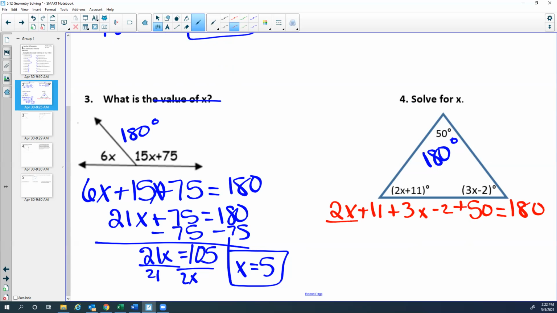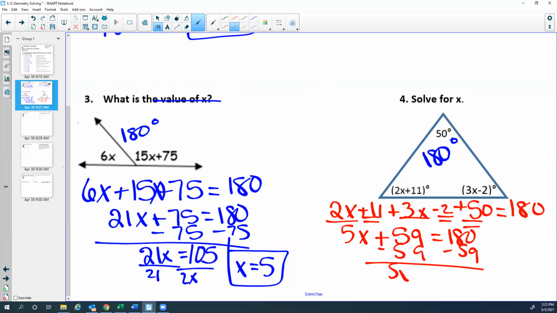So I have 2X and I have 3X. Add those up and I get 5X. I now have 11 minus 2 plus 50. Let's combine all those, and that's going to give me 59. So 5X plus 59 equals 180. Now let's subtract 59 from both sides.